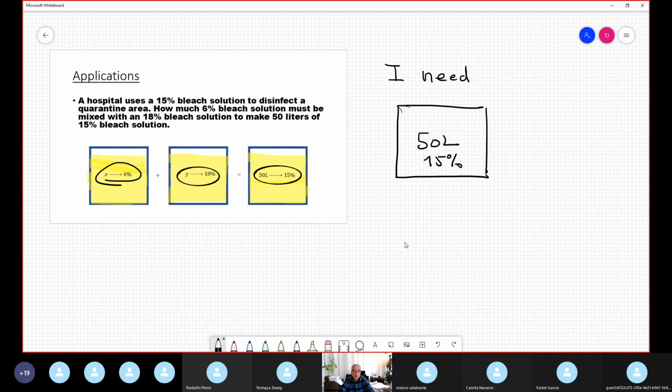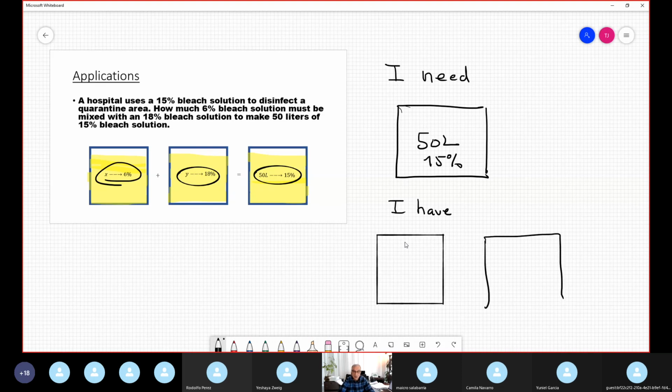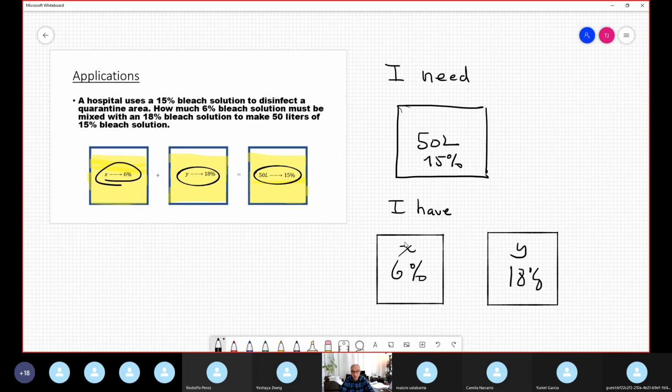I have in my hand two containers. This container has 6%, with no specified volume, because that's the thing I want to determine to mix together. In the other case, 18%, volume called y.